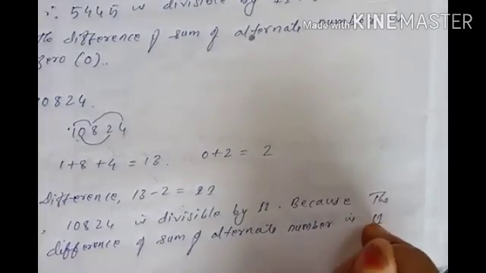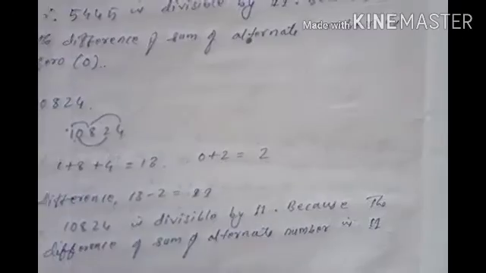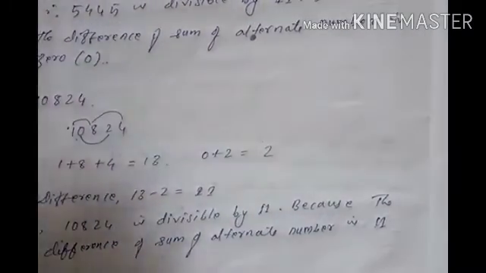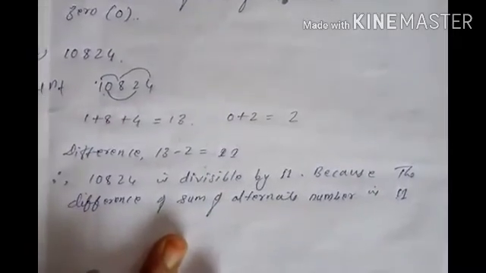Because this difference is 11, and again 11 is divisible by 11, or not? So this number will be divisible by 11. So in this way you will solve. So I will solve one more question.